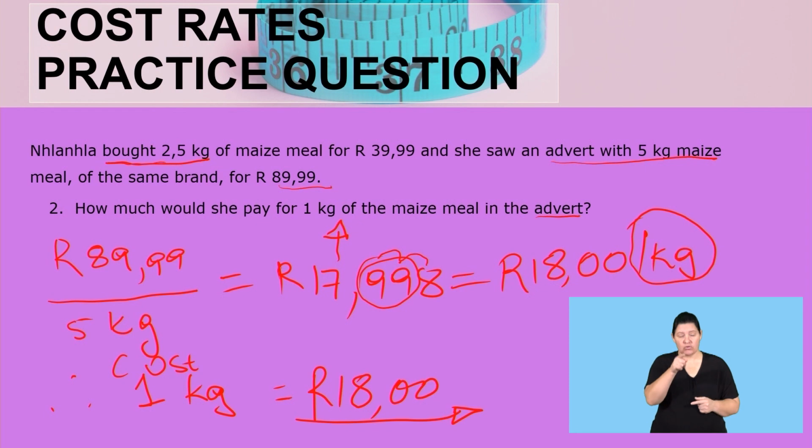If you have to calculate the cost of 1 kilogram, just remember that the cost rate will be the cost per particular kilogram. So when you divide the price which is given by the kilograms, you get the price of 1 kilogram. Let us move to the next question.